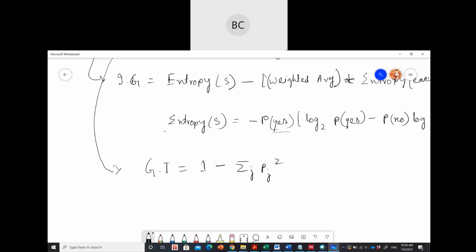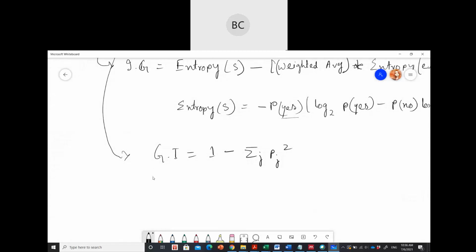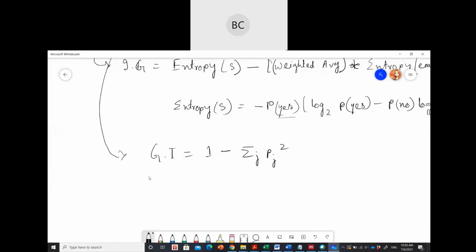So what is the advantage of a decision tree? Since it's easy to understand, it helps us make easy decisions for real life problems, and it can be useful for solving any decision related problems. But there are some disadvantages.